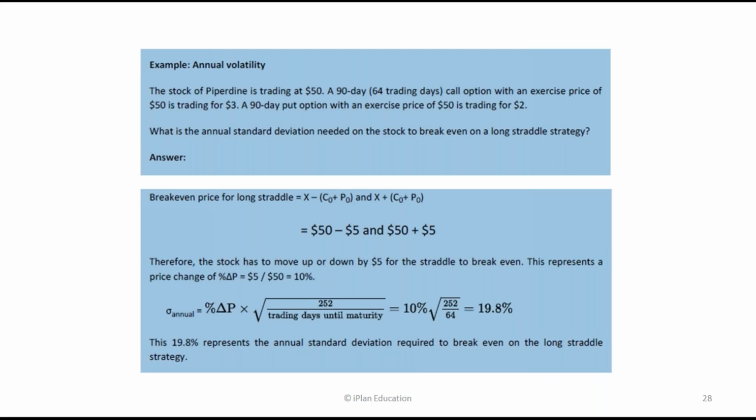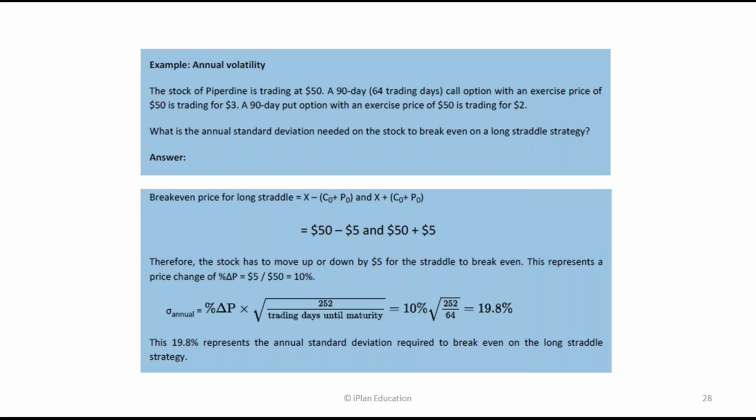So if it goes 5 rupees up or 5 rupees down, then we have the break even, right? That is my break even because we are paying a total premium of 5.